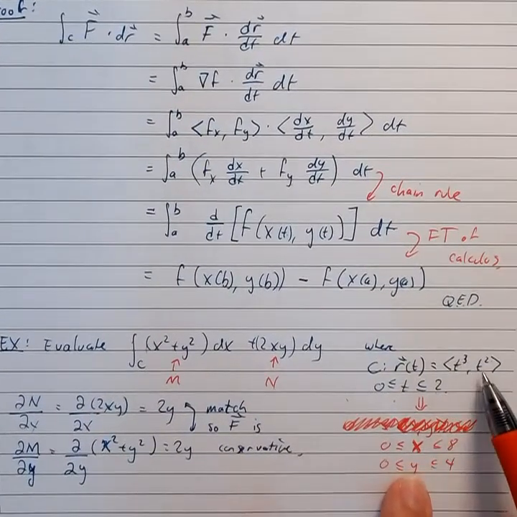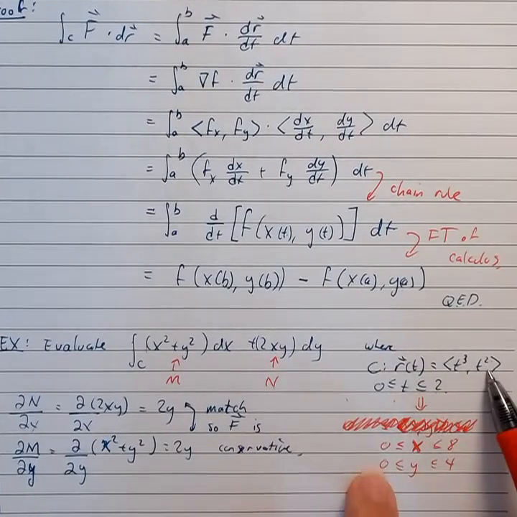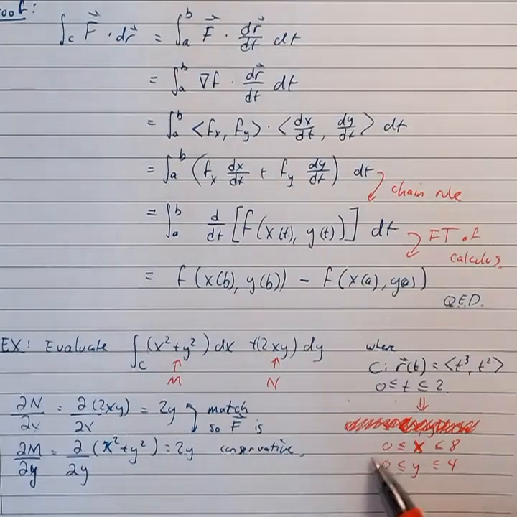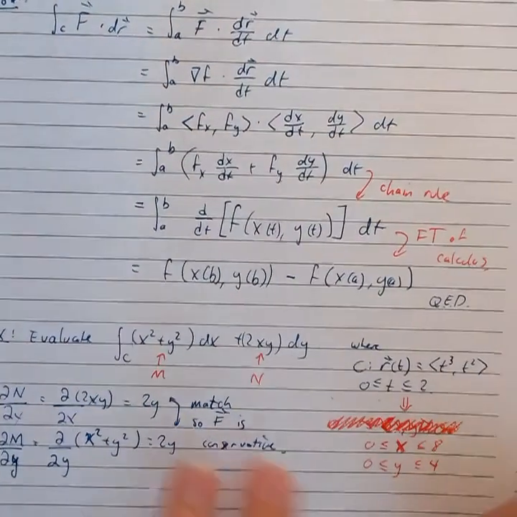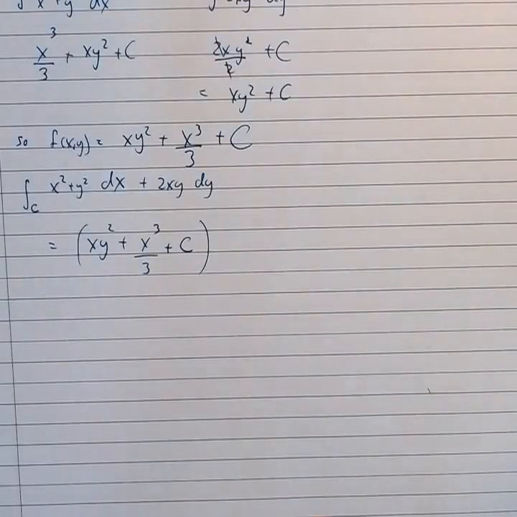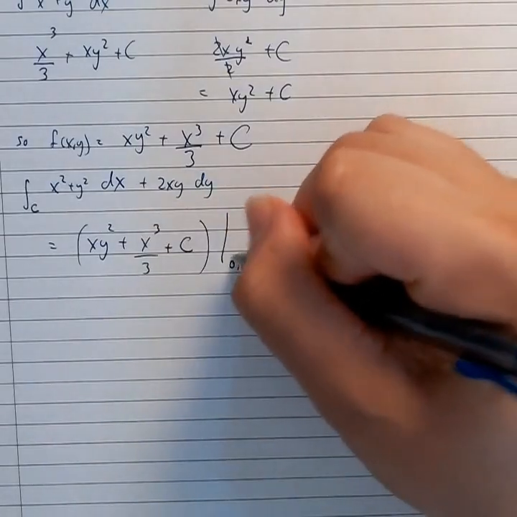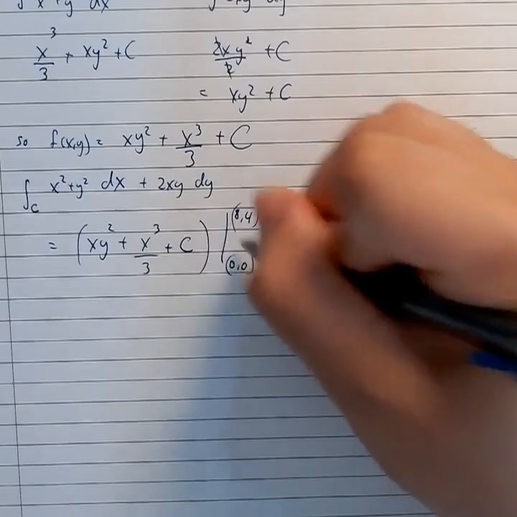If this is y, if I plug in 0, that starts at 0. If I plug in 2, that goes up to 4. So this is going to go from the point 0, 0 up to the point 8, comma 4. All right, so my boundaries are going to go from 0, 0 up to 8, 4.